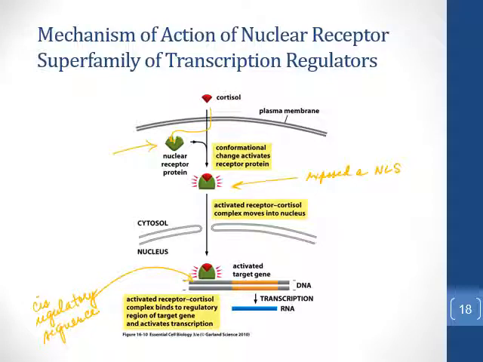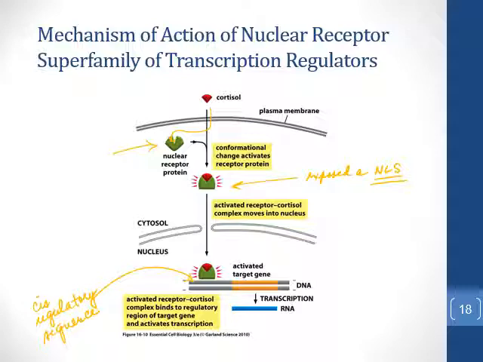Maybe the nuclear localization signal was buried on the inside of the protein and now it's exposed on the outside of the protein. Or maybe the nuclear localization signal was covered up or masked by some other protein or some other domain of this protein and it gets moved out of the way. But in all likelihood, you're going to expose a nuclear localization signal, and that's going to allow it now to be translocated to the nucleus.